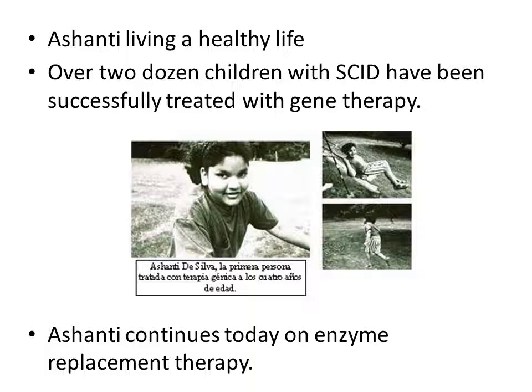The one problem with this type of therapy is that the repaired T cells have a relatively short life, and so you're constantly having to replace those T cells. So every few months, Ashanti would have to go in and receive an additional treatment for the gene therapy. So today she is receiving enzyme replacement therapy, in which she's actually receiving the protein, the functional ADA.